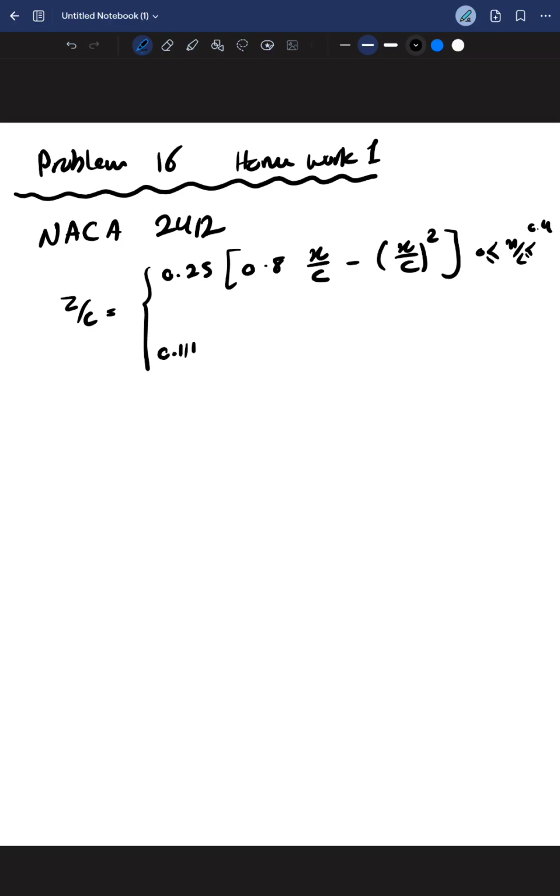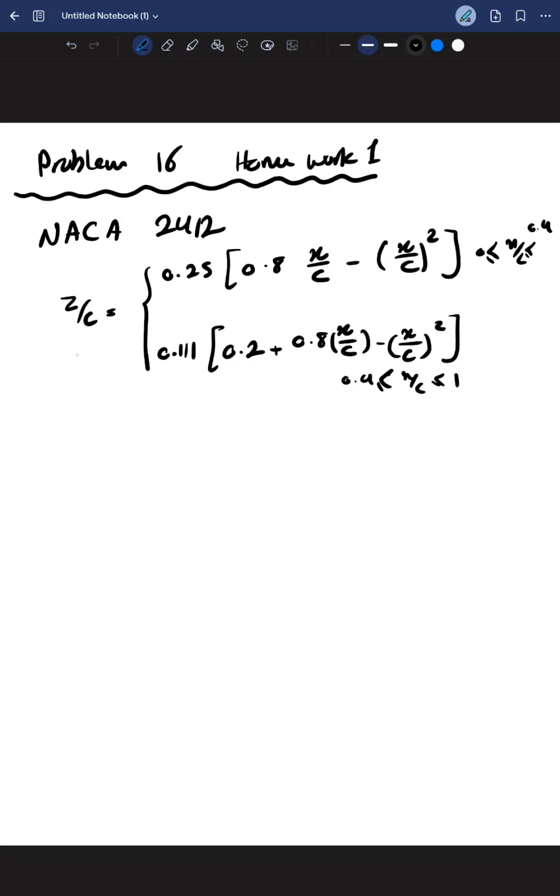And for the rest of it, we have 0.11 (0.2 plus 0.8 x over c minus x over c squared). This is true for x over c between 0.4 and 1.